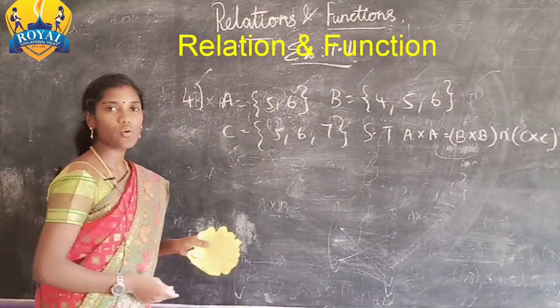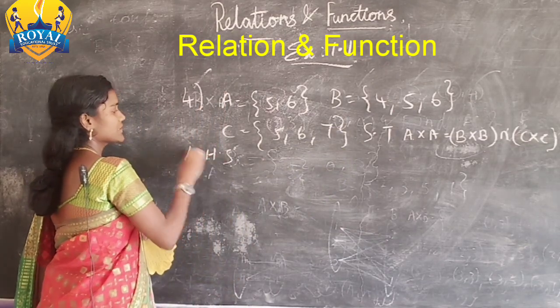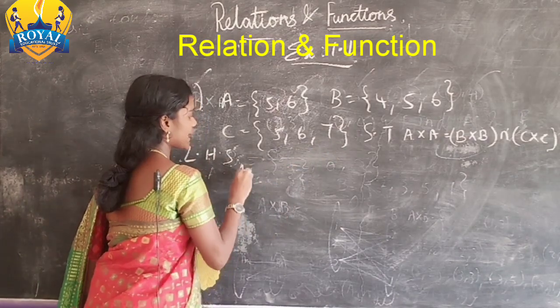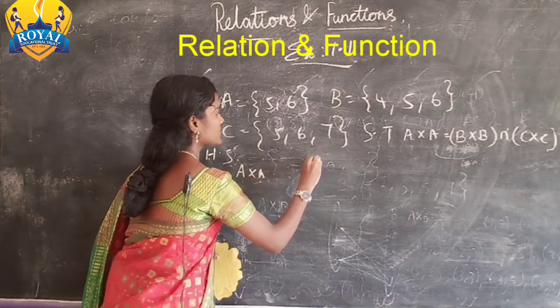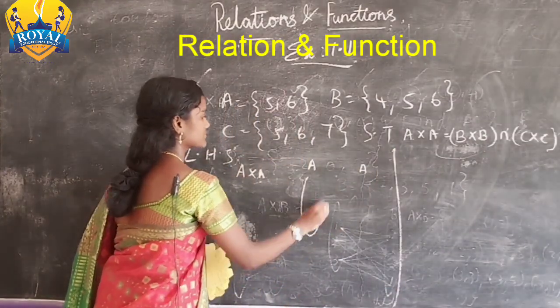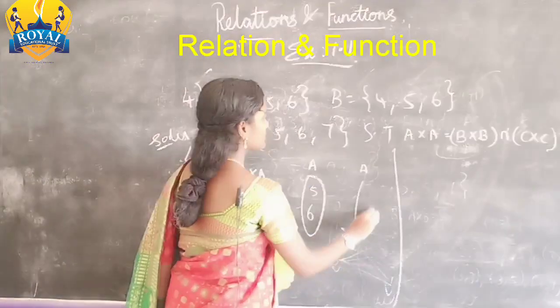Okay. First I am going to prove the left hand side. First write solution. Then left hand side, what is it? A cross A. So I am going to write the set A, 5, 6.